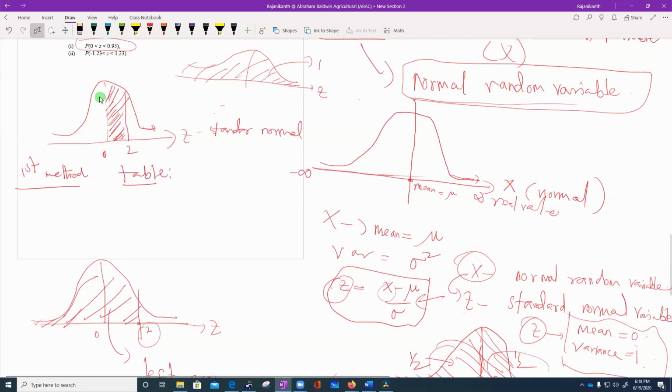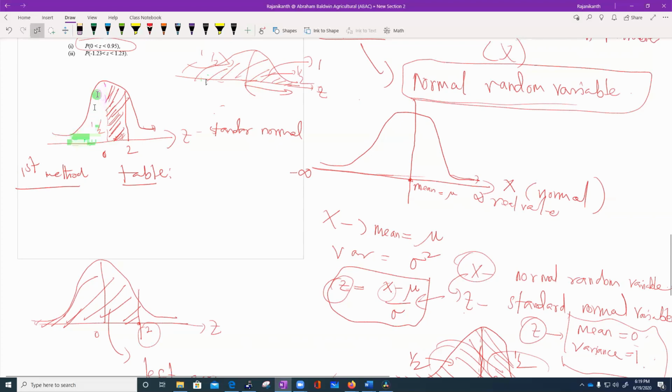But because of the symmetry, anything left of 0 should be half. That side is half. From here to here the area is half. This area is also half because of the symmetry. That means this uncolored area is 1/2. Does that make sense? 0.5.